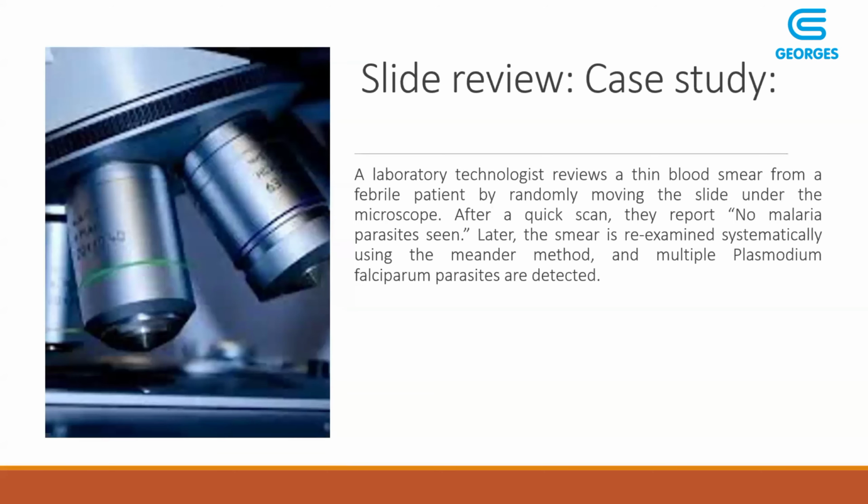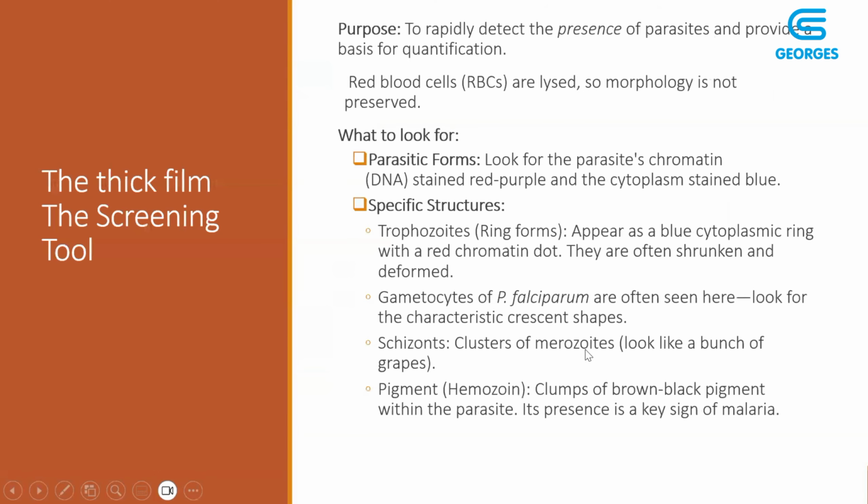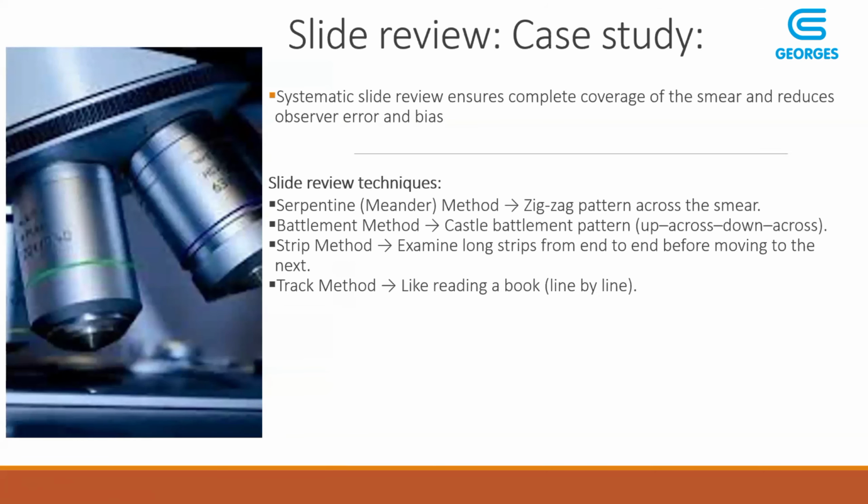And the second one, the review was systematic and a few parasites were able to be seen. So we have different ways of slide review. A systematic slide review ensures that the whole smear is covered and reduces observer error or bias.